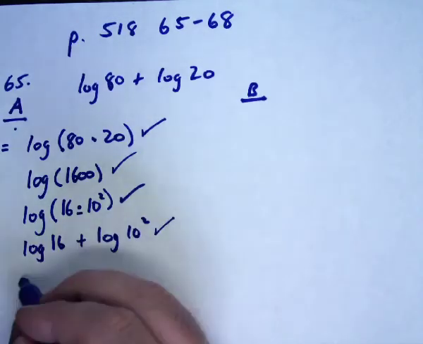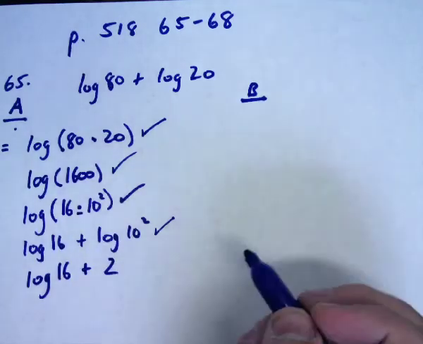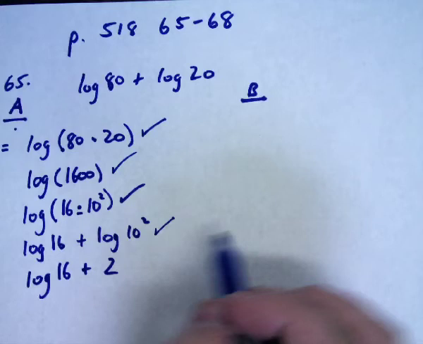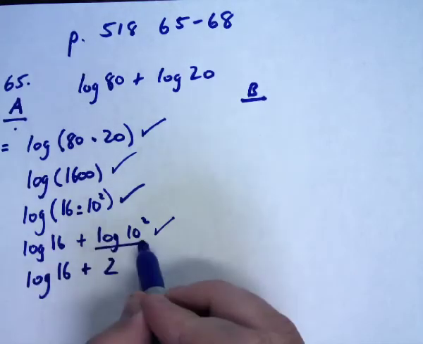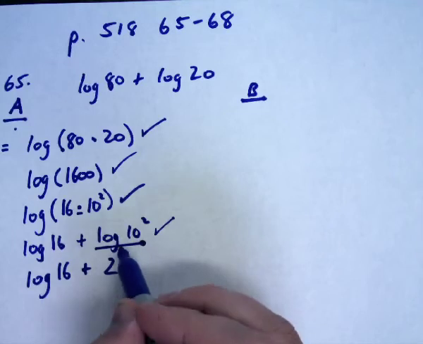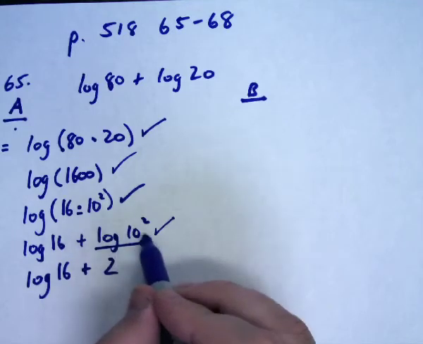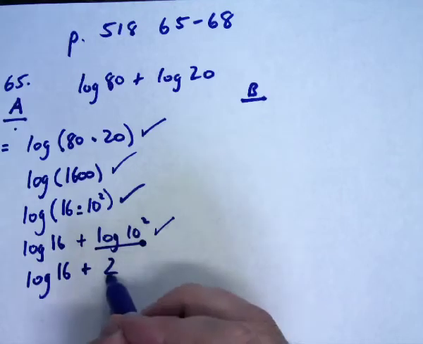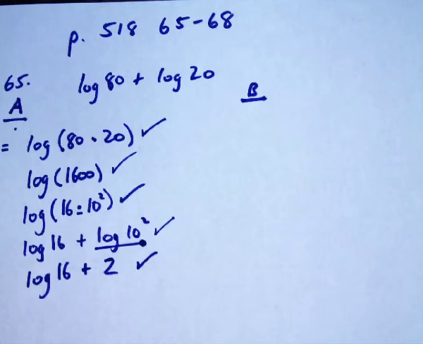And then they end with log 16 plus 2. Well, obviously log 16 is the same. What is log 10 squared? Well, that's base 10. So 10 to what power is 10 to the second? Well, it must be 2, so 2 is correct. So it looks like A is correct, and it looks like B must be wrong, I'm guessing then.